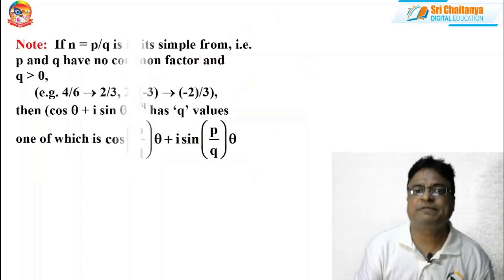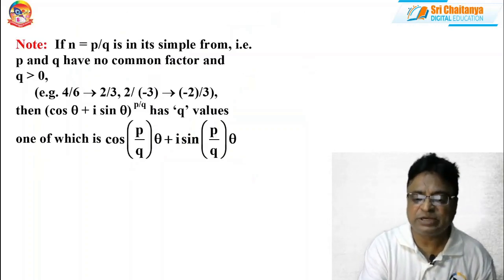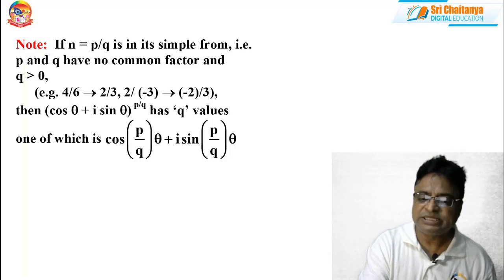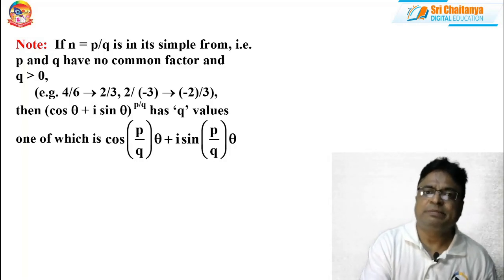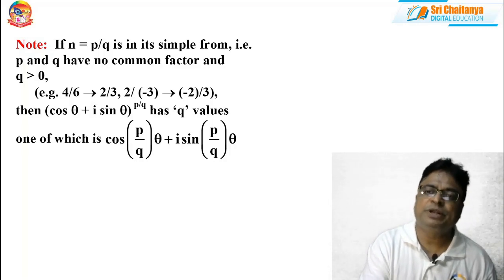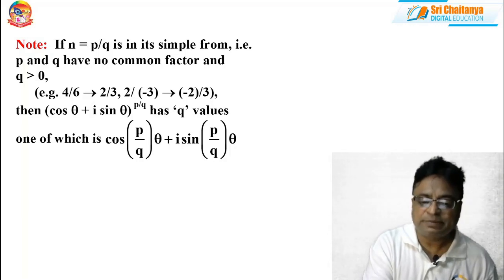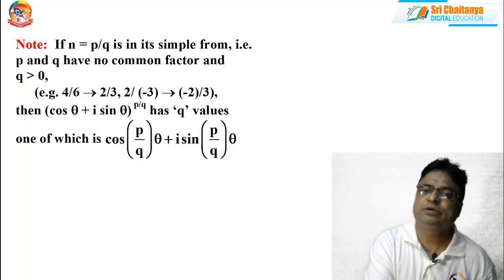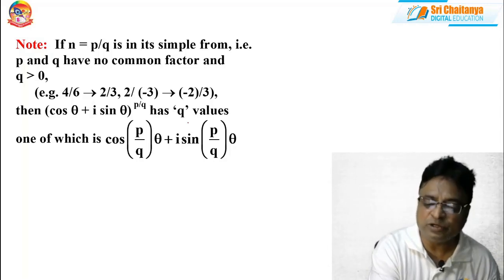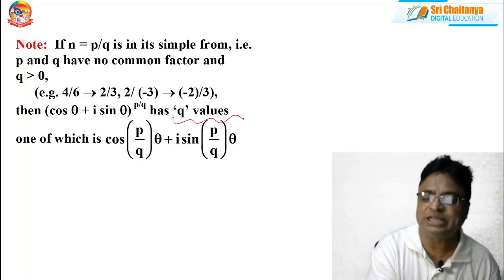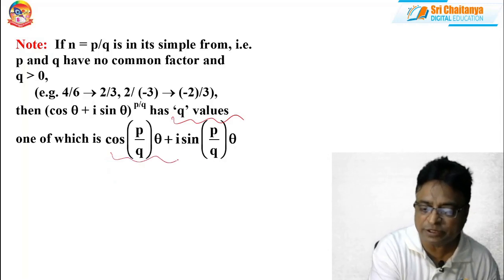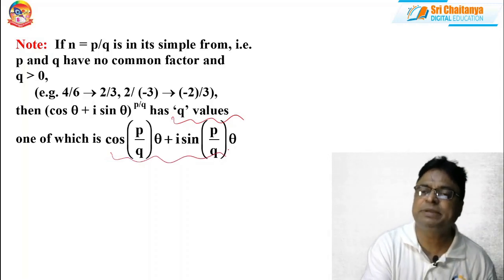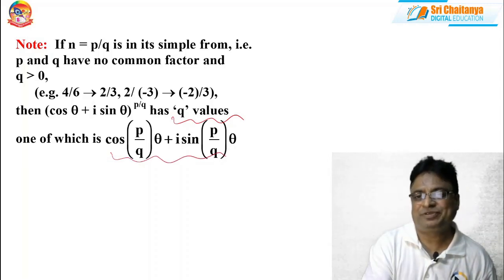Now, my friends, suppose n is equal to p by q in its simple form, that means there is no common factor for both p and q, where q is positive. So for (cos theta plus i sin theta) whole power p by q, how many values will exist? q values will exist. Of that, cos p by q theta plus i sin p by q theta is one of the values.